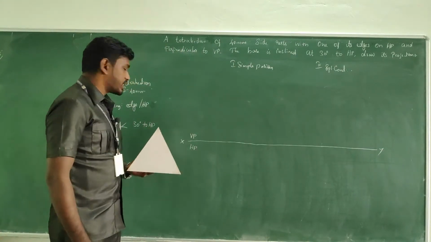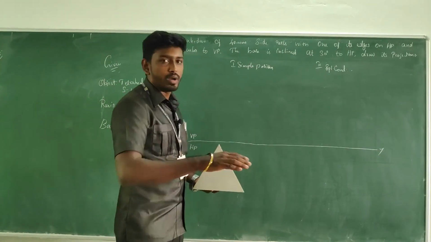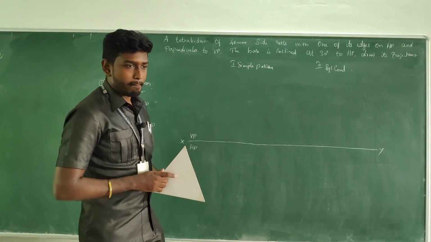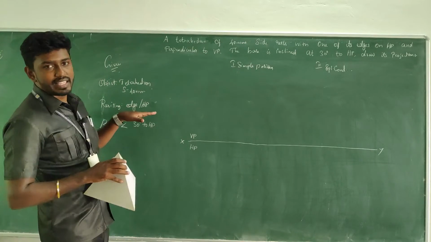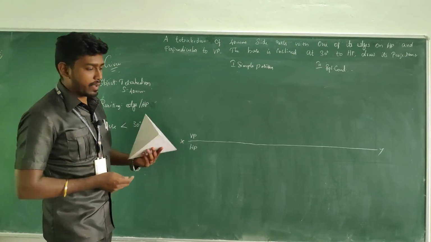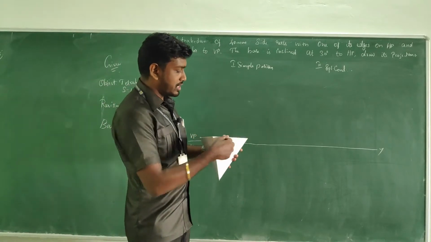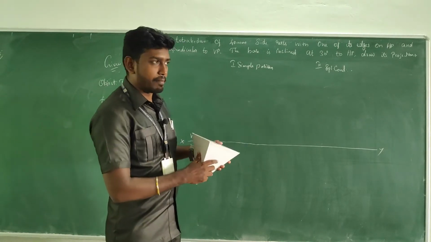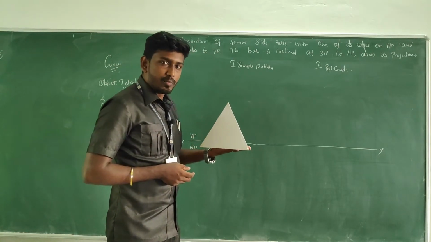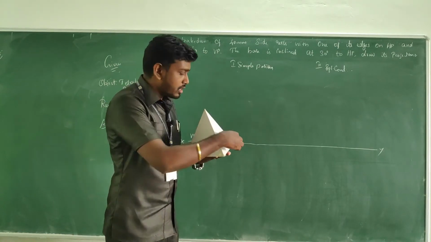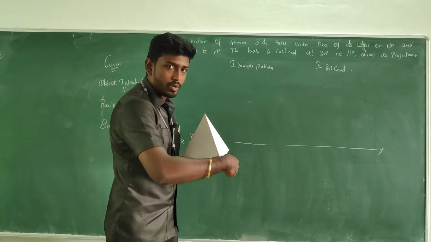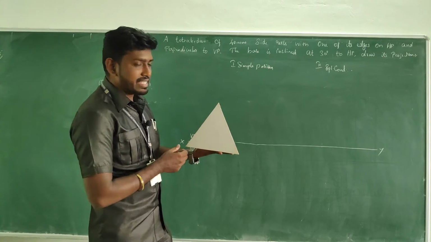As far as the position is concerned, consider this ground as the horizontal plane and this board as the vertical plane. Here it is resting with an edge on HP and that particular edge is perpendicular to VP. I am going to take one of the edges and keep it on HP. So initially this would be your position. I have kept the object with this edge at right.